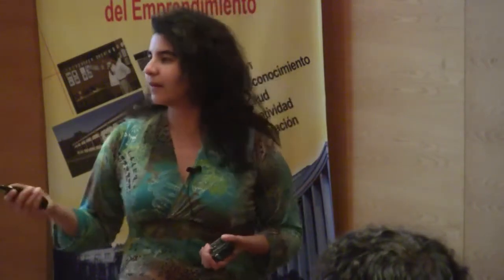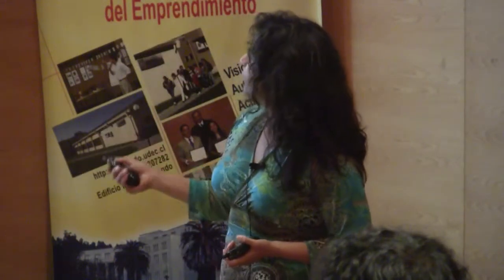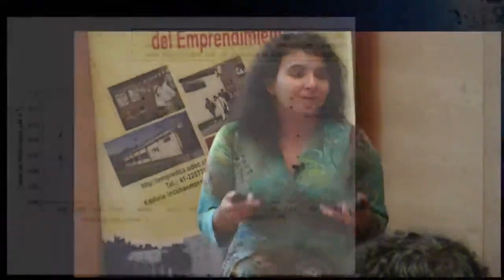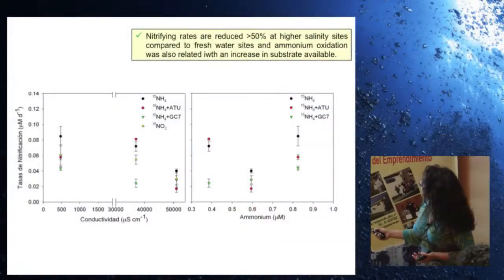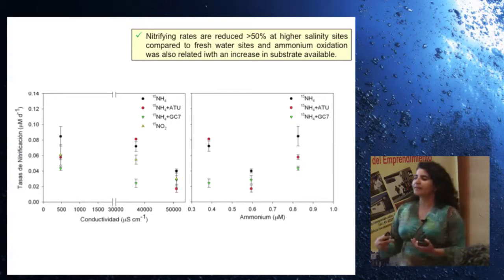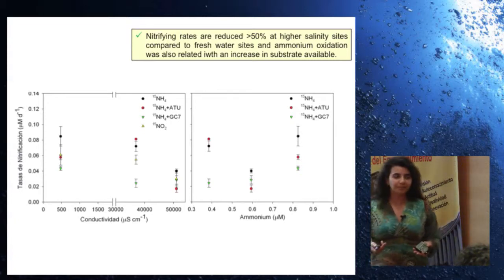So when we inhibit archaea, then we can evaluate bacteria. The rate was, of course, mostly related to bacteria. And in this case, we can see a better relation in the green one with the ammonium available.